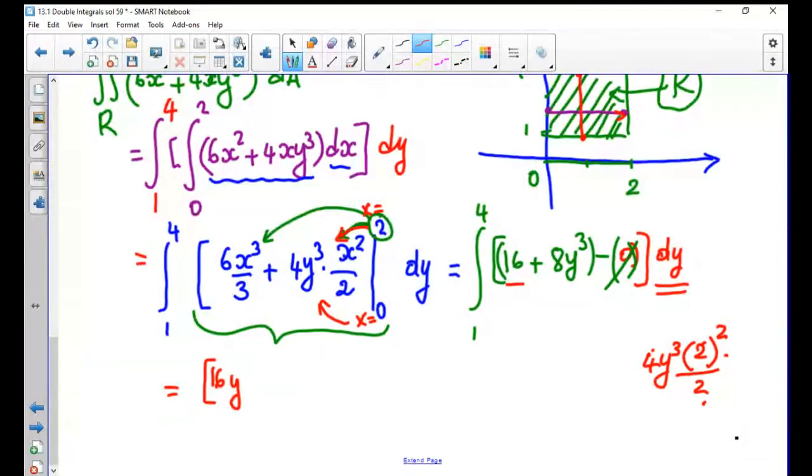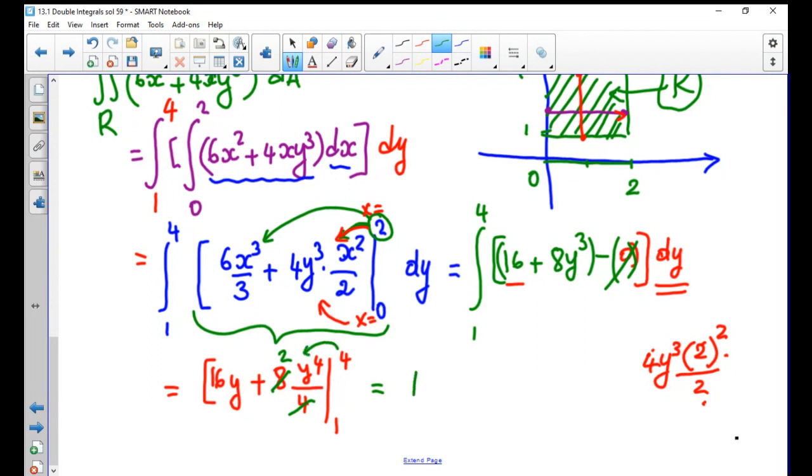Okay, and then 8y cubed, when you integrate it with respect to y, 8 is a constant, and y to the 4 over 4, and then from 1 to 4. Of course, this 8 divided by 4, you can just put 2 there if you want. So that's okay.